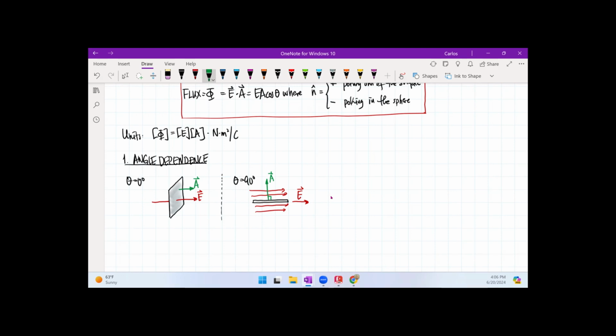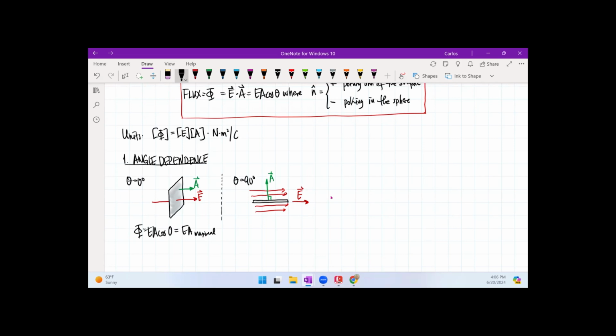So in this situation, the flux is EA cosine of 0, that gives us maximum.